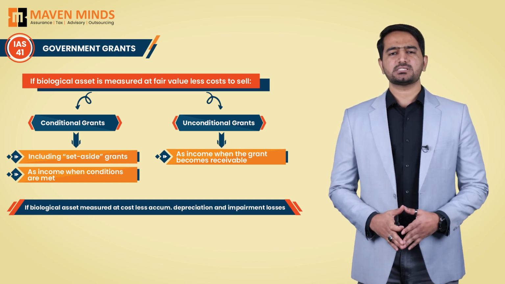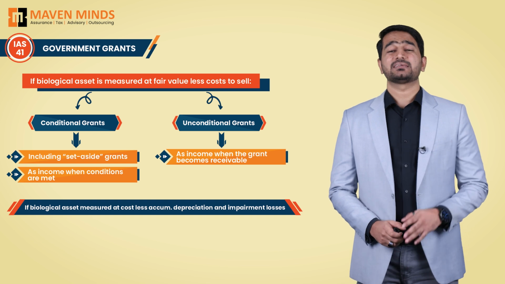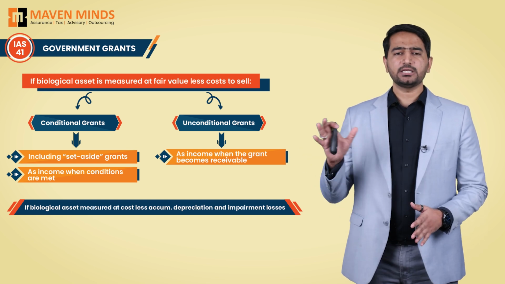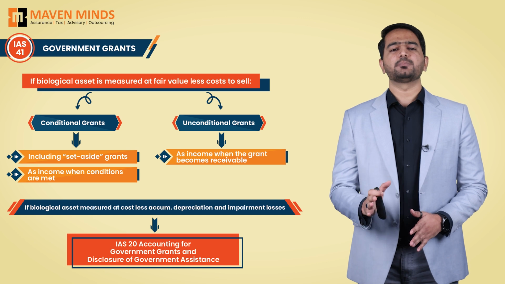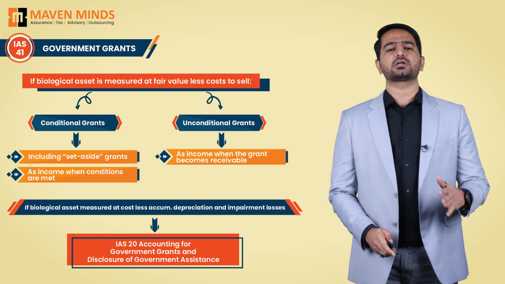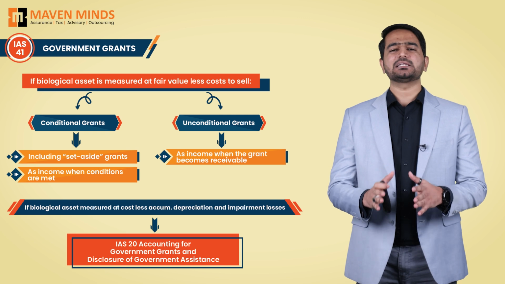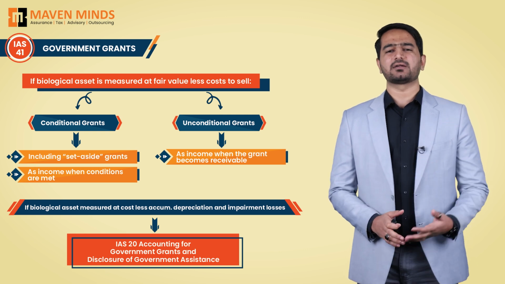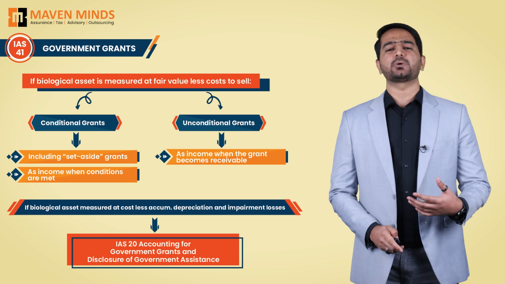In such cases, IAS 41 does not apply to the government grant. Instead, you need to follow IAS 20, Accounting for Government Grants and Disclosure of Government Assistance. IAS 20 has slightly different rules for recognizing grants, and we will cover that when we discuss IAS 20 in detail.